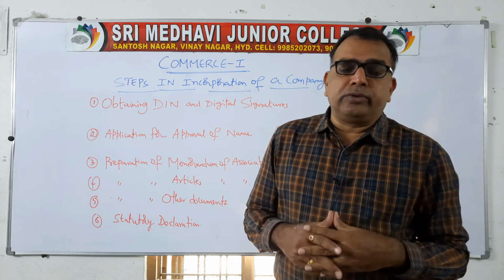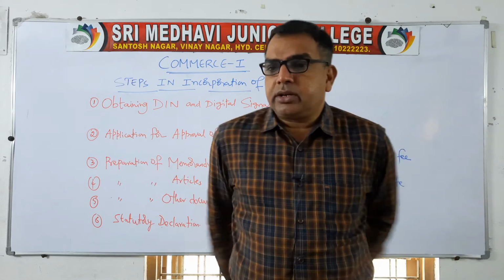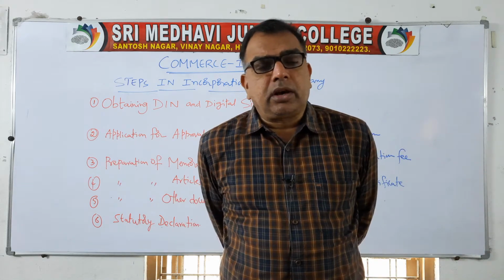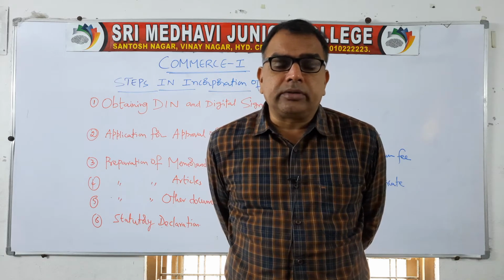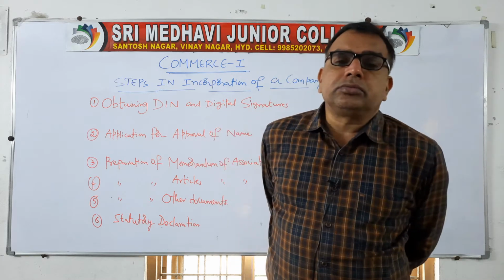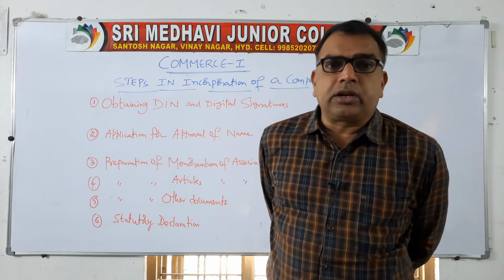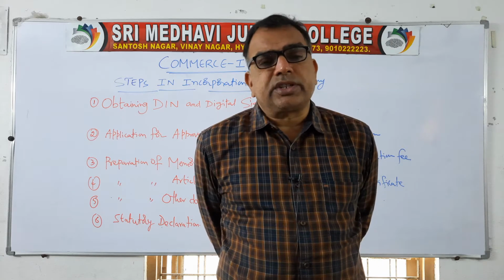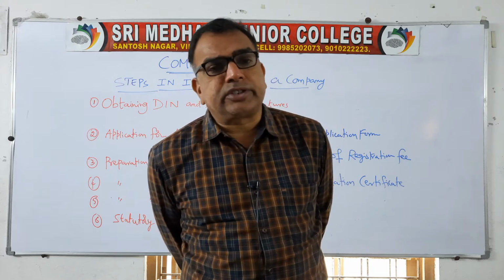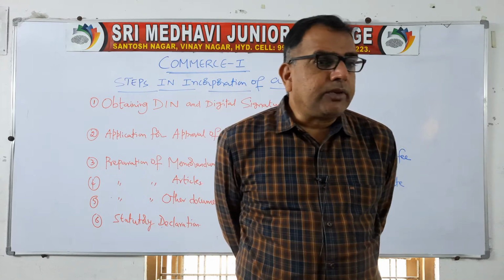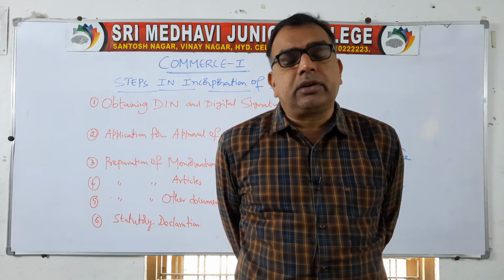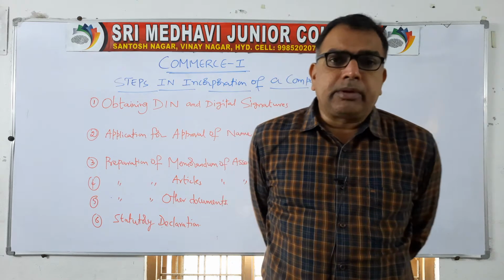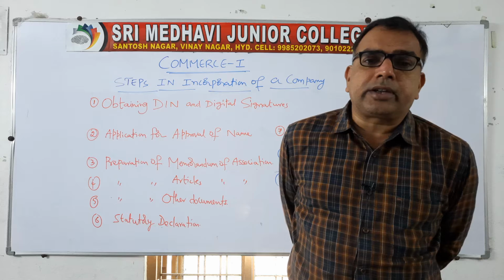See, the other day I told you, if you have to take admission in a junior college, straight away you won't come and join. First, what you have to do? You will inquire in various junior colleges, the courses they are offering, the timings, the fee structure, distance between your house and the college, transport facility, safety, everything you will consider, and the academic performance of that college you will inquire.